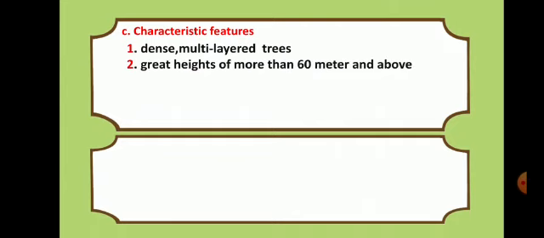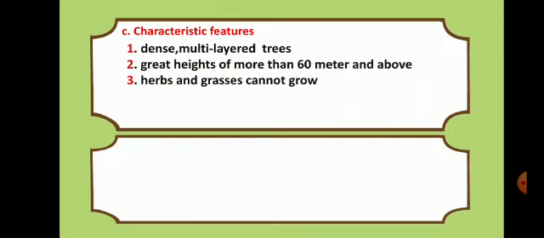Here the evergreen or rainforest are dense, multi-layered and have many types of trees and shrubs. As they get more rainfall, you can see the forest is very dense and multi-layered. Next you can see trees reach great heights of more than 60 meters or above.